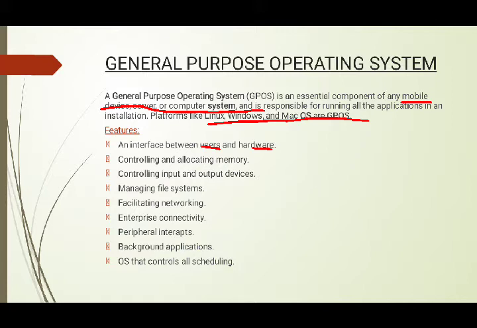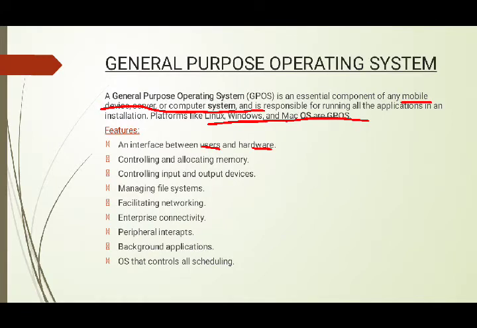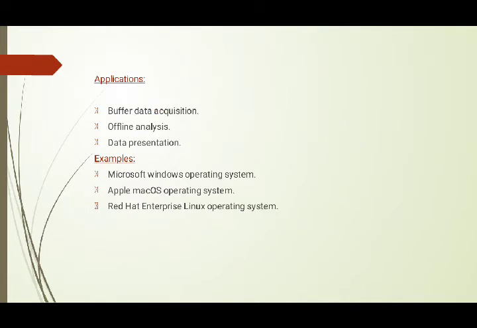These are some of the features of a general purpose operating system. Some applications are also listed: buffer data acquisition, offline analysis, data presentation, etc. And the examples that we have already seen, Linux, Windows and Mac operating system, are some of these GPOSs.